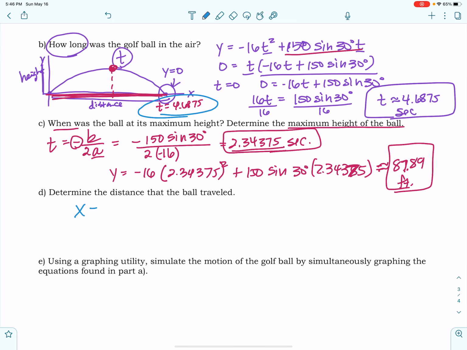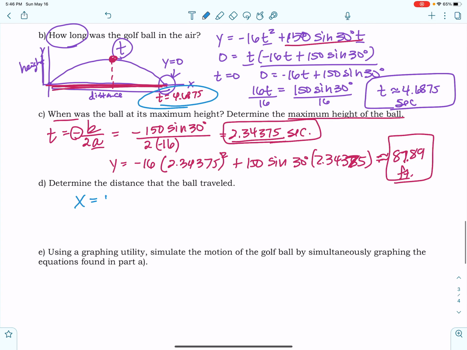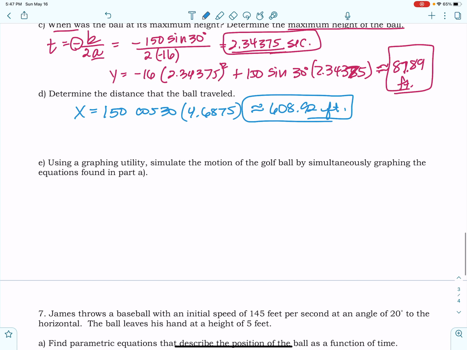So I'm going to use my x equation now, this one right here. So 150 times the cosine of 30 degrees. And what is t? Well, it was in the air this long, 4.6875. And then again, we'll type that in the calculator. We get approximately 608.92 feet. Awesome.